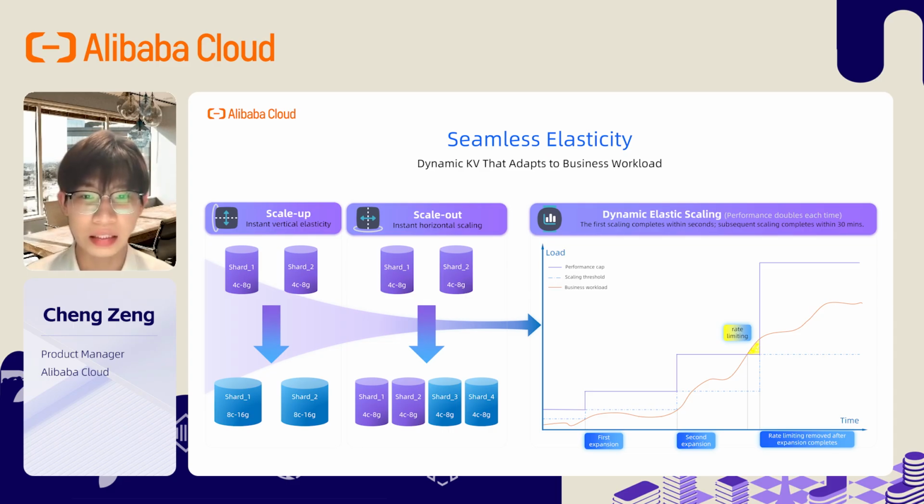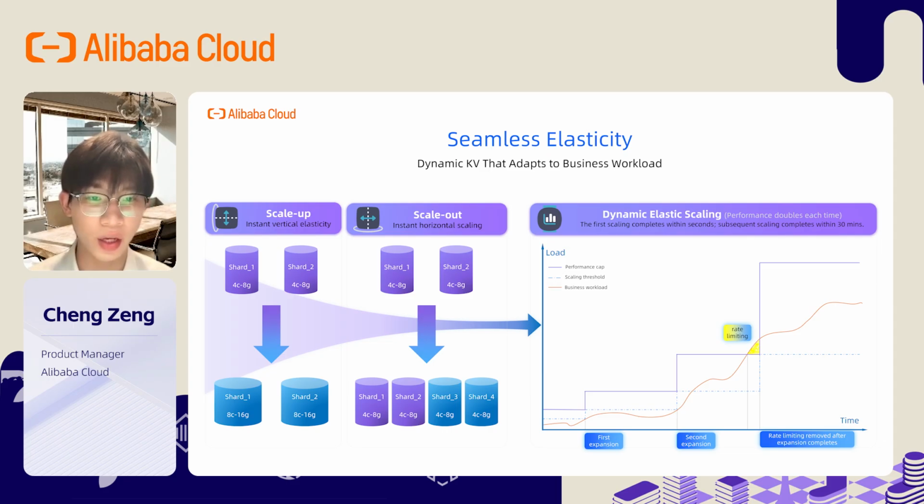Firstly, the elasticity threshold is set at half of the current load limit. Once usage exceeds 50%, scaling up is automatically triggered. And secondly, each scale-up doubles the overall performance. And thirdly, the first scale-up completes within seconds.